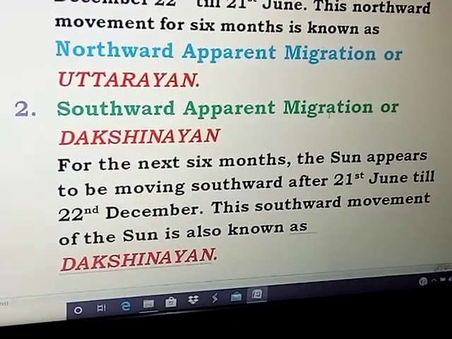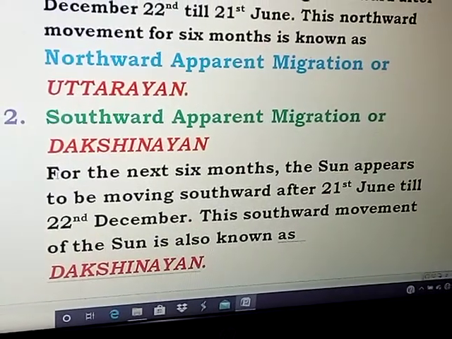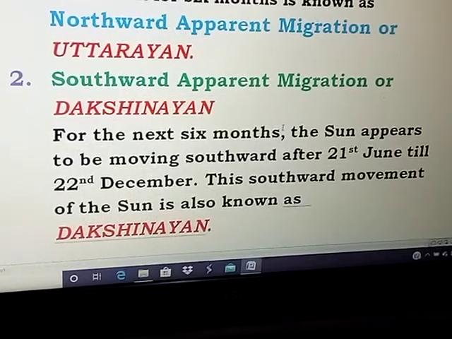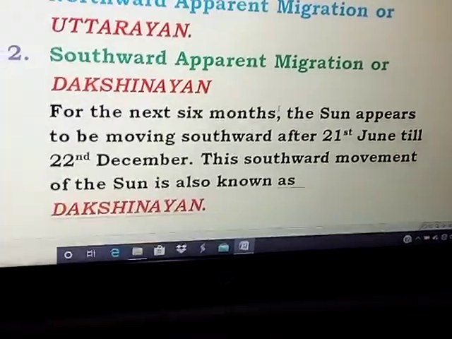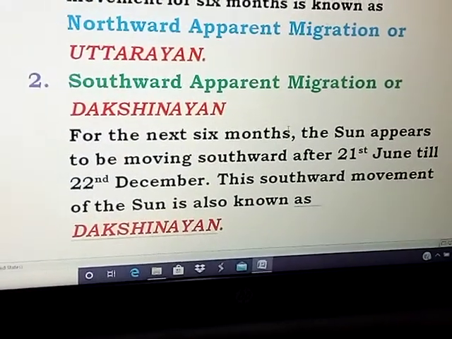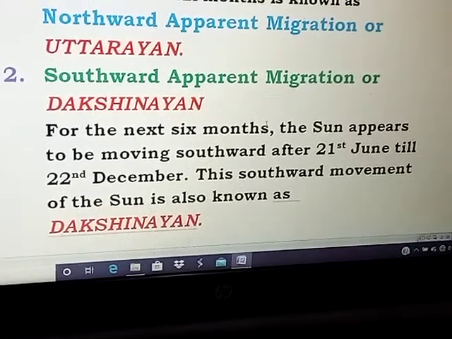Vice versa, on 21st of June, the sun is overhead on the tropic of Cancer. So in the northern hemisphere it is summer. After 21st of June, the sun starts moving towards the southern hemisphere.